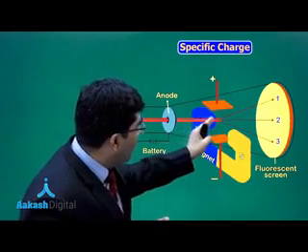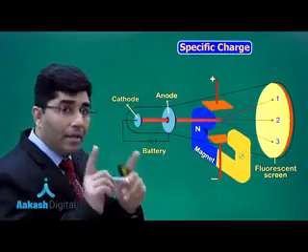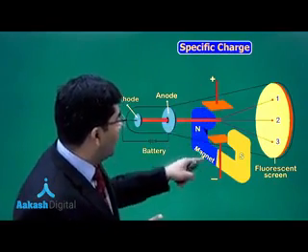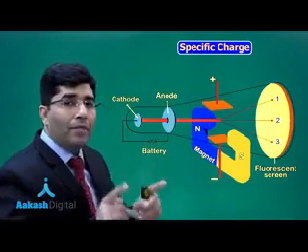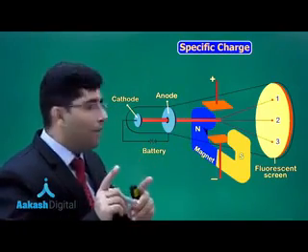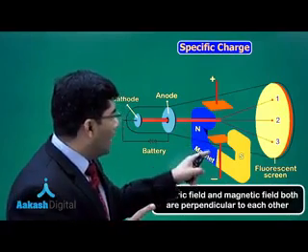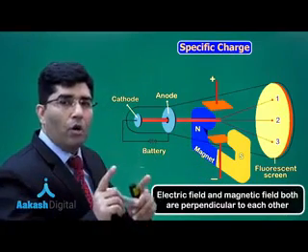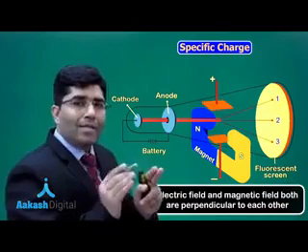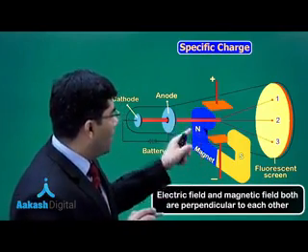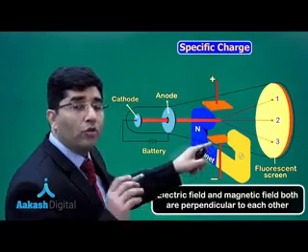Now these two plates are positive and negative, which means he wants to show that there is an electric field. And this is a magnet, so due to this magnet there will be a magnetic field also. Now let us consider these plates are not here and the magnet is also absent. So what will happen?